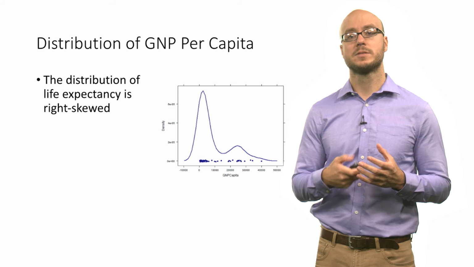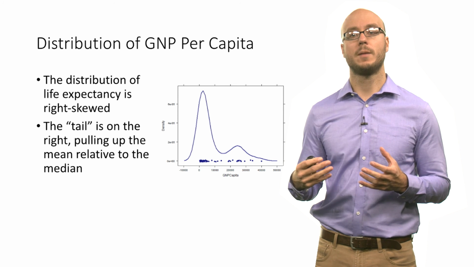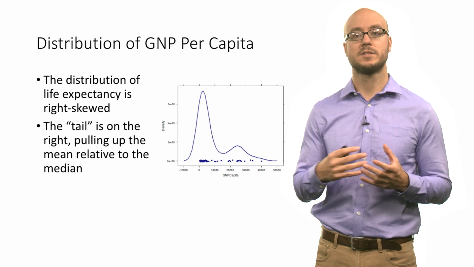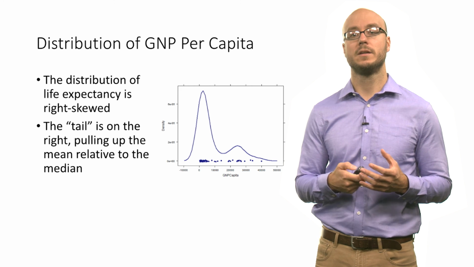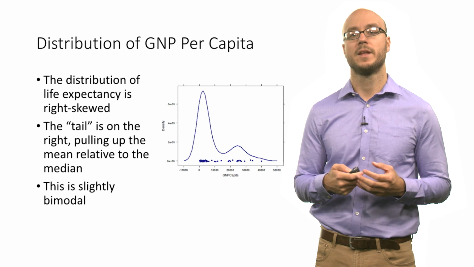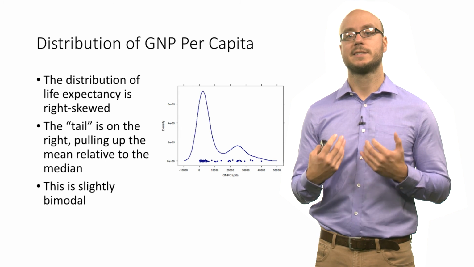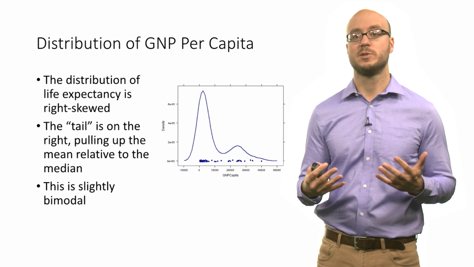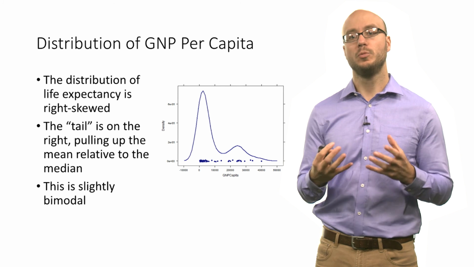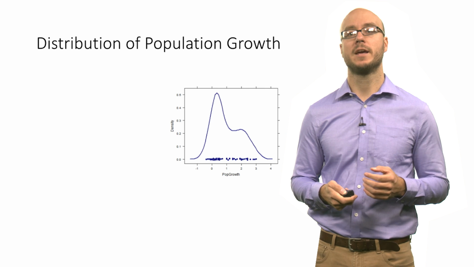And those extreme values, we'd expect the mean to be pulled upwards. That's because the distribution is skewed right, so the mean is going to be higher than the median, or 50th percentile. This distribution is slightly bimodal. It's clear that there's really one mode if you look at the distribution as a whole, but there are two peaks, so we like to say it is bimodal.